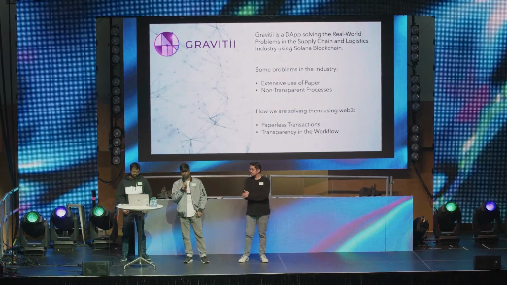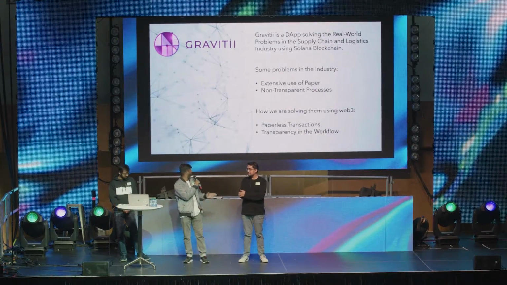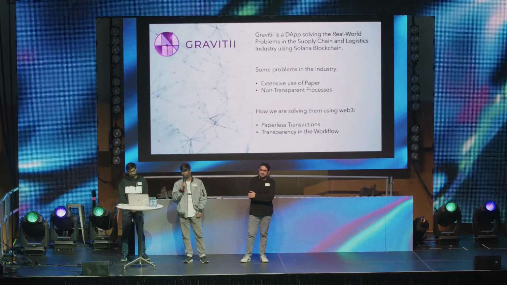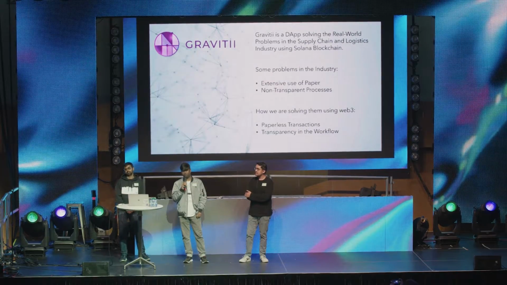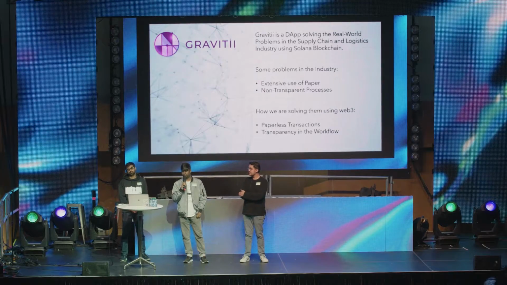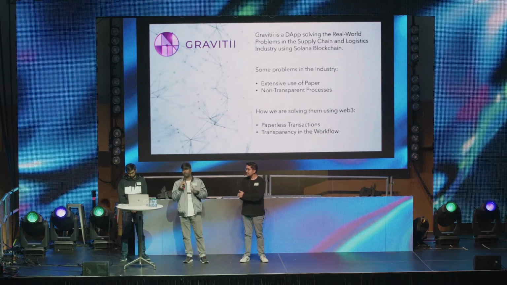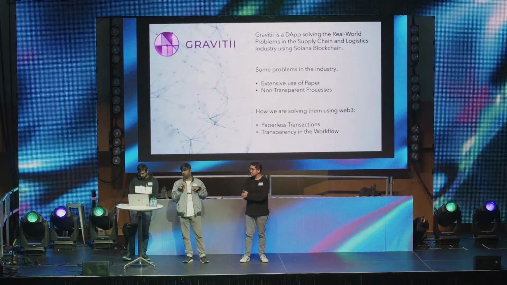A couple of the problems we have listed here are the excessive use of paper, whether it is BOL, invoices, or all sorts of documentation required as proofs. We are using a lot of paperwork in the current industry, which we want to change.